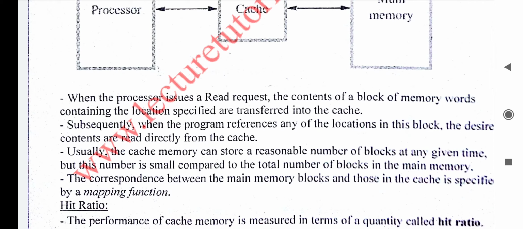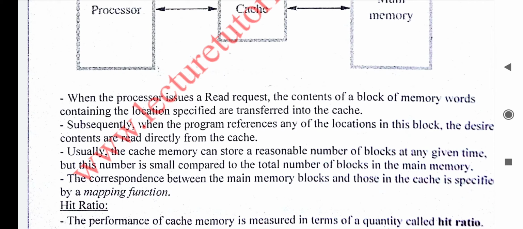First it checks whether the content requested by the processor is available in cache or not. If it is available in cache, it reads directly from the cache memory. Usually the cache memory can store a reasonable number of blocks at any given time, but this number is small compared to the total number of blocks in the main memory.